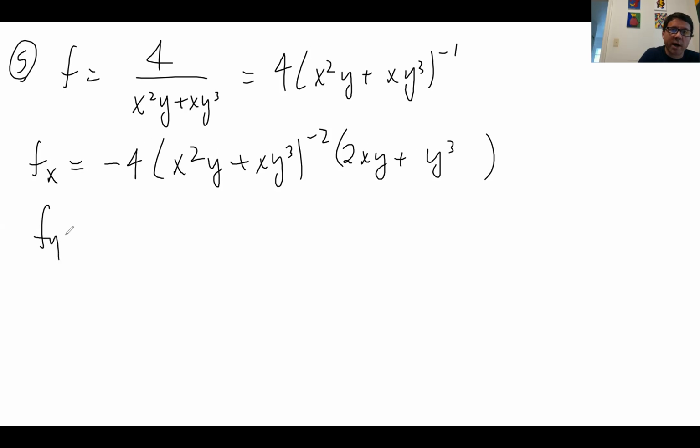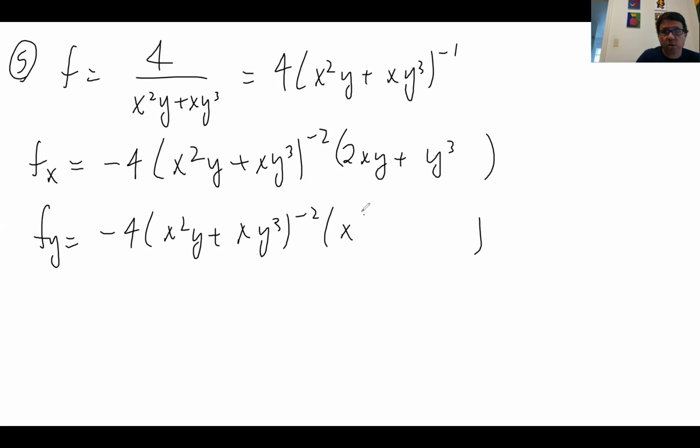And then f_y, same thing, -4 times x squared y plus x y cubed to the -2 multiplied by the derivative of the inside, which is x squared plus 3xy squared. And then you just repeat that process for the other two, and you're going to have some product rules and stuff in there. And I think I'll do one of them.